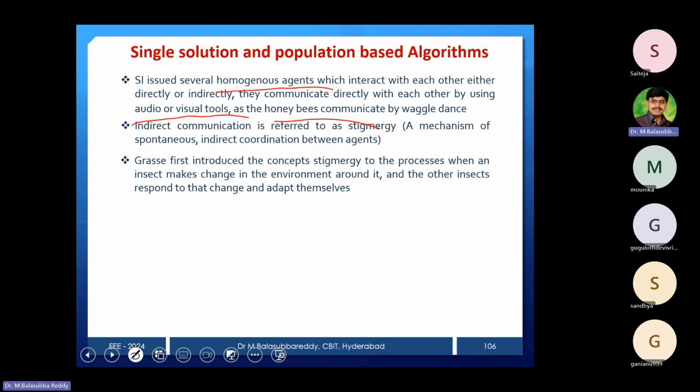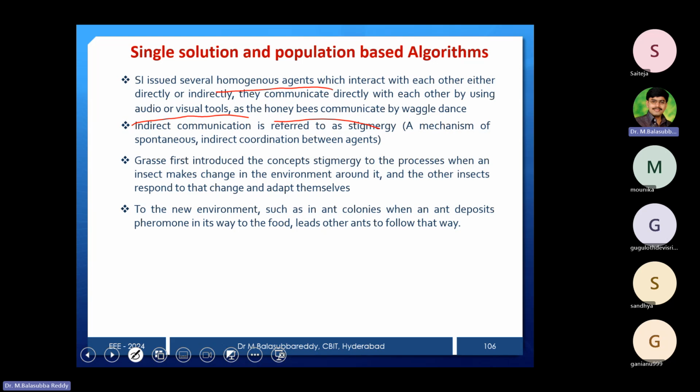Then Grassé first introduced the concept of stigmergy. That means there is a spontaneous indirect coordination process when insects make changes in the environment around them. So when they coordinate with each other, these insects set their own values, or they can take decisions based on that information. That's what an ant colony will do, and other insects respond to the change and adapt themselves to the new environment, such as ant colonies.